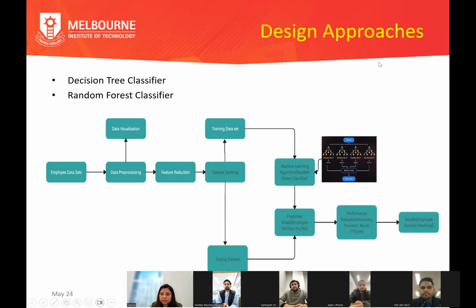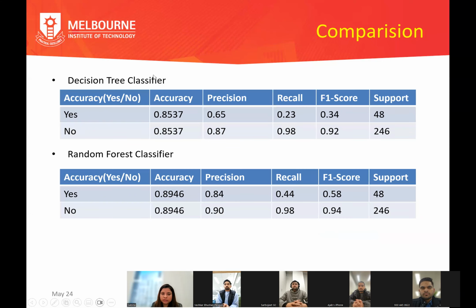As a design approach, we use two different algorithms: decision tree classifier and random forest classifier. We have done it using the sklearn libraries, and by our model, we came to the conclusion that the accuracy of the decision tree classifier was quite low compared to the random forest classifier.